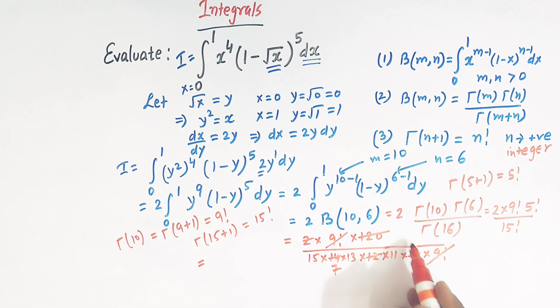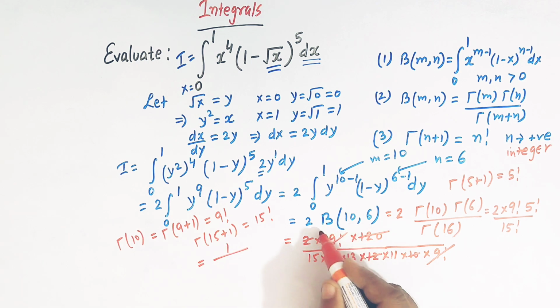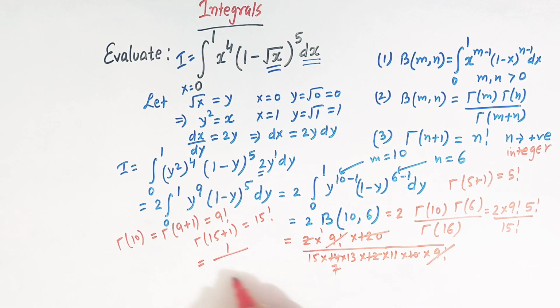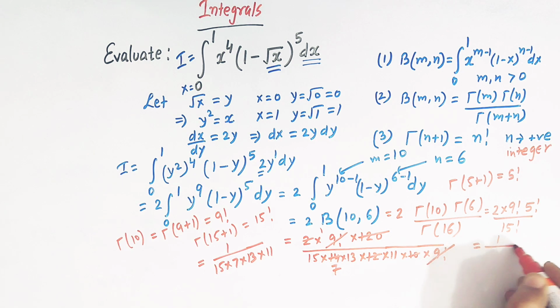So now the expression is: in the numerator we are left with 1, and in the denominator we have 15 times 7 times 13 times 11. Now we multiply these four numbers, and we get 1 over 15015.